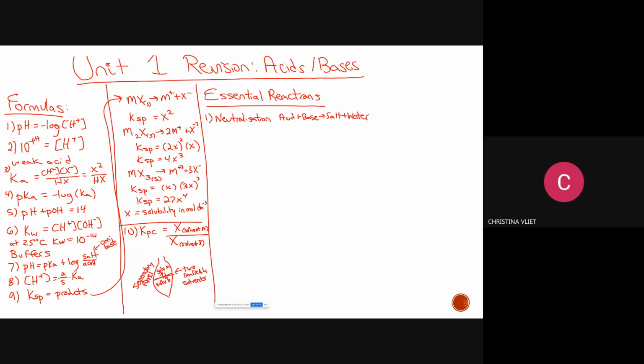What's a Bronsted-Lowry acid-base reaction? What would that be? Acid transfers H plus to a base, or acid donates H plus to a base.